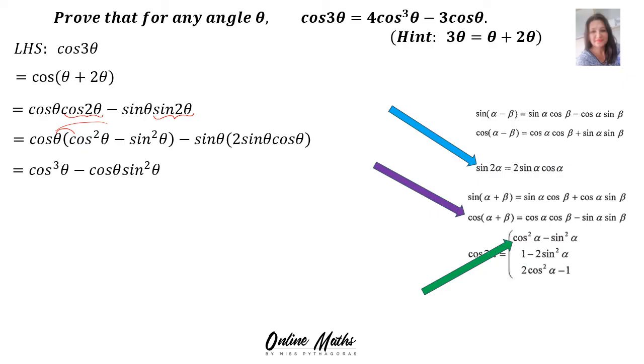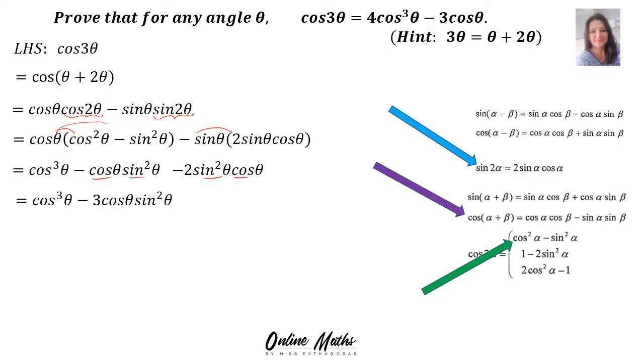And on the second part of my sum, I will multiply in the negative sin theta, and I end with negative 2 sin squared theta cos theta. Now it feels as if I'm going somewhere. Do you agree? Here is a cos and a sin squared theta with a cos and a sin squared theta, so in fact they are like terms. Therefore, I can add them and write it as cos cubed theta minus 3 cos theta sin squared theta.